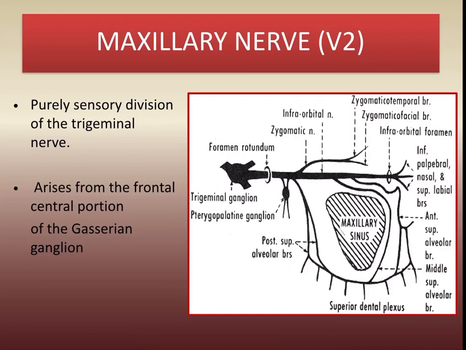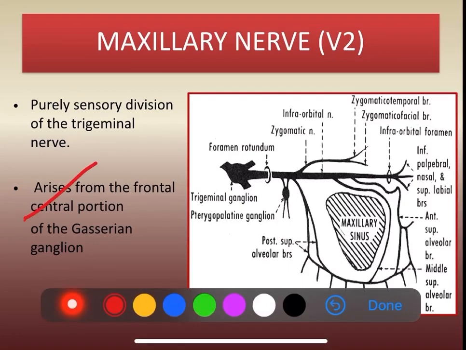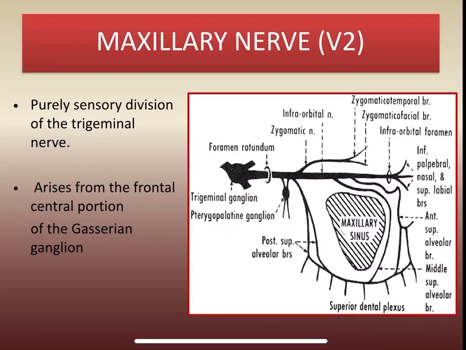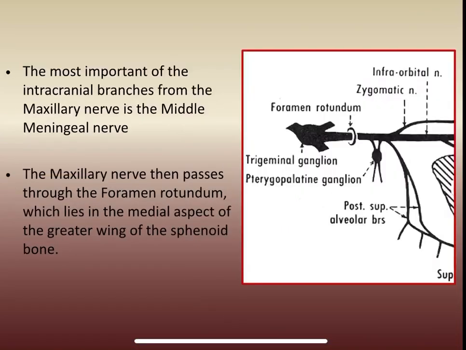it will be fetching. Okay, next coming to the maxillary, it is a purely sensory division. It's completely sensory and it arises from the anterocentral portion of the Gasserian ganglion. Okay, so that point you have to highlight if you get a question on Gasserian ganglion again. So, the most important branch is the middle meningeal nerve, as you can see, and it passes through the foramen rotundum.